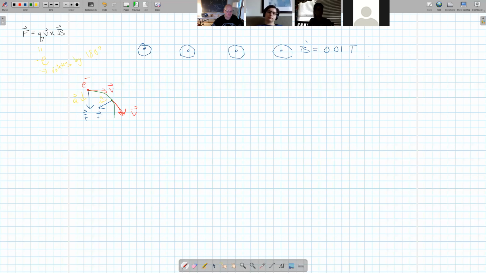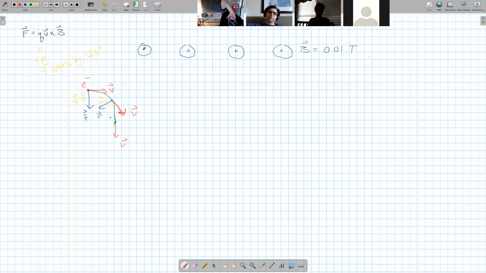So this is going to curl, and now it's going to end up, say, somewhere here. So at this point, we know then that the velocity is going to be straight downward. This is the direction of the velocity. Again, the magnitude has not changed because the acceleration is still perpendicular to the velocity. So here we point our finger straight downward, but the magnetic field is away from us, so we'd have to rotate our palm this way.